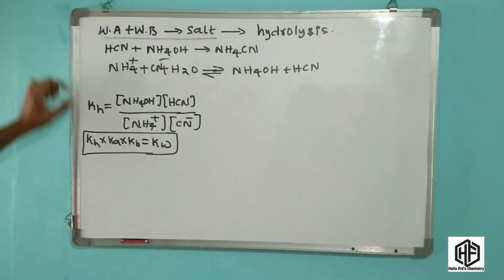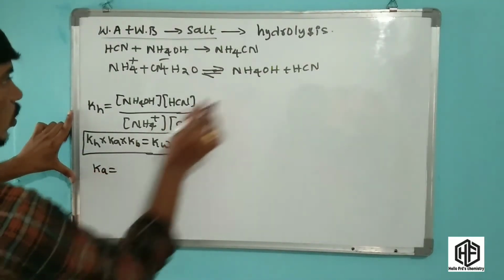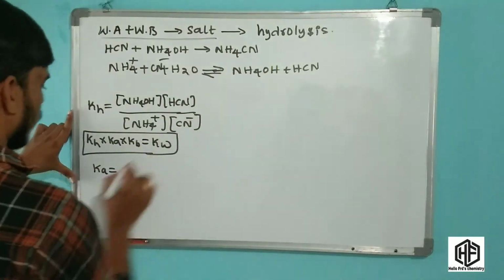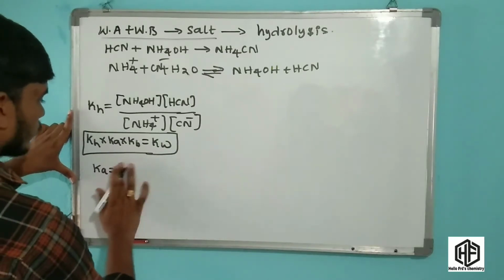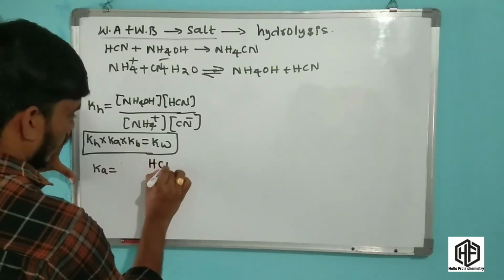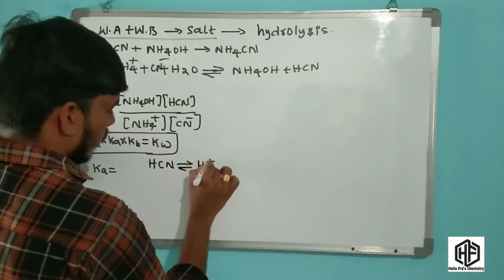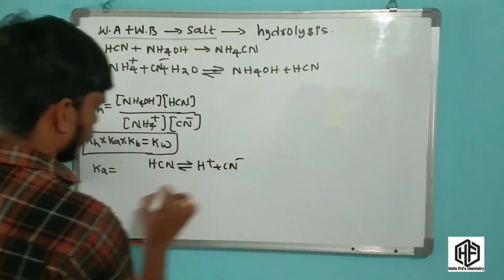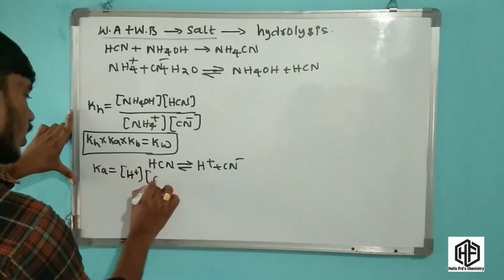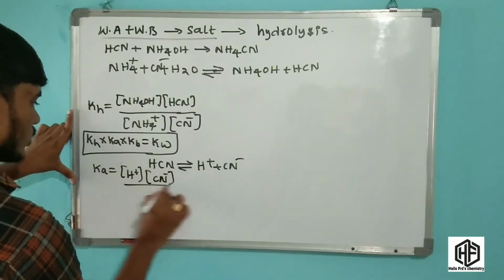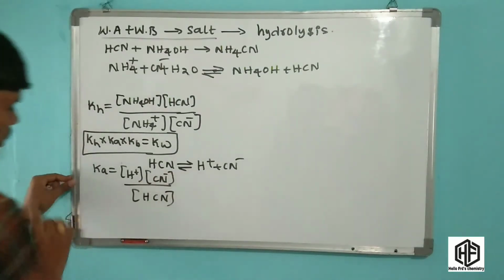What is Ka, friends? Ka is for the weak component HCN, which gives H+ and CN-. Ka is equal to concentration of H+ into concentration of CN- by concentration of HCN.